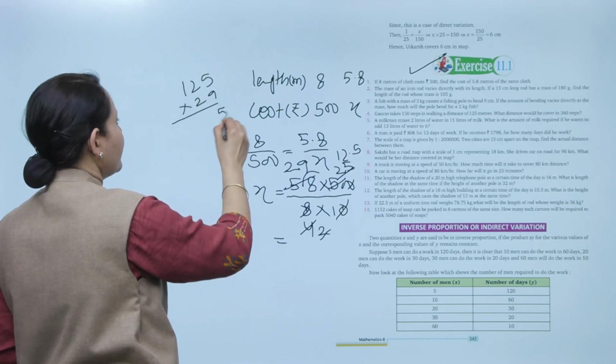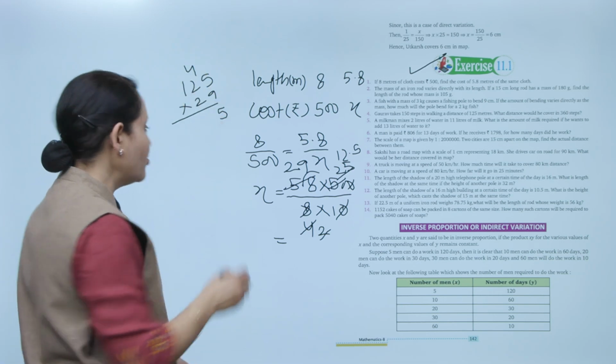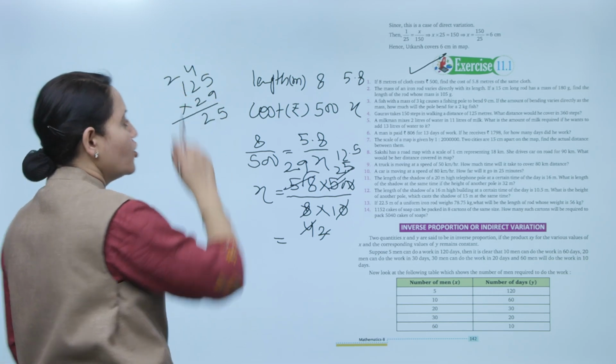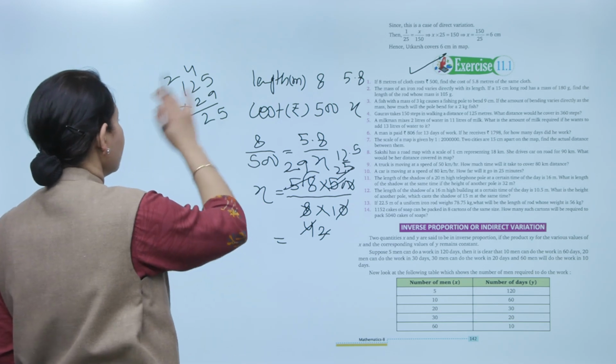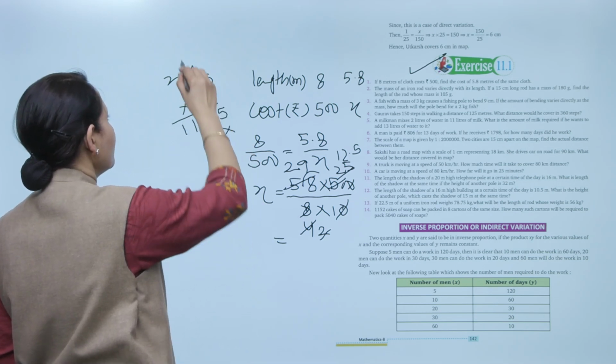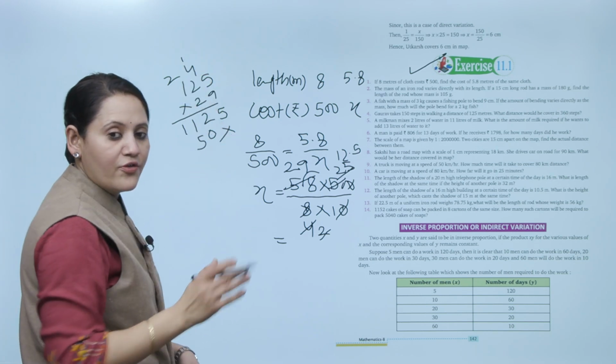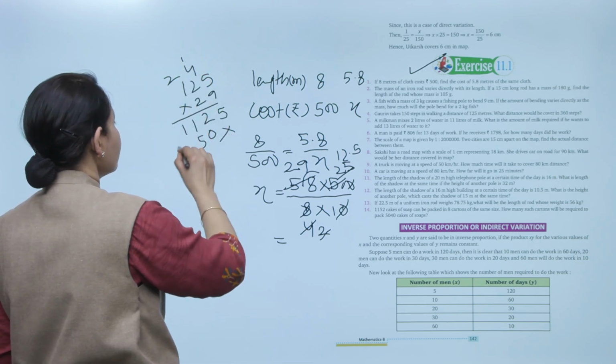5 times 5 is 25, 5, 4 carry over, that is 22, like 2 here, 2 carry over आ जाएगा, 9 and 2 is 11, then 5 and 5 is a 10, 0, 1 carry over, 2 and 2 is a 4 and 1 is 5, then 2 and 1 are 3.